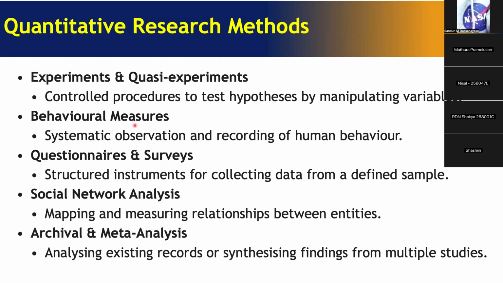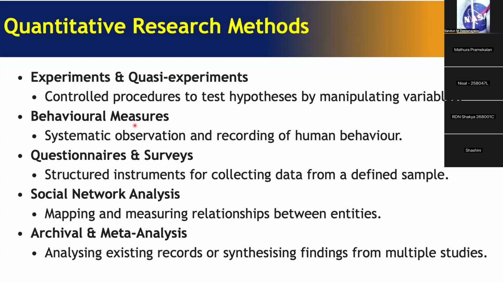So that is simple observation to understand human behavior and to identify maybe which class they belong to. It's behavioral measures. And if you look at questionnaires and surveys, which I think is one of the key focuses of this presentation and the next, they are structured instruments for collecting data from a defined sample. So there's a sample and we collect data from them.